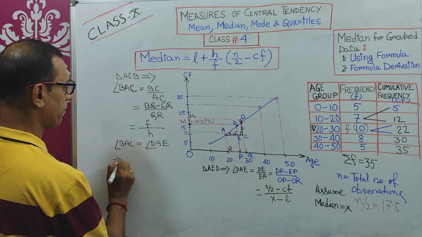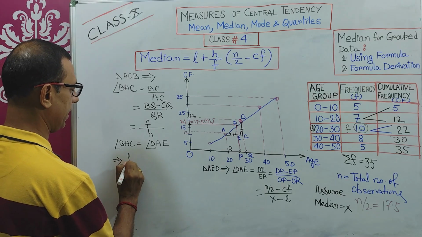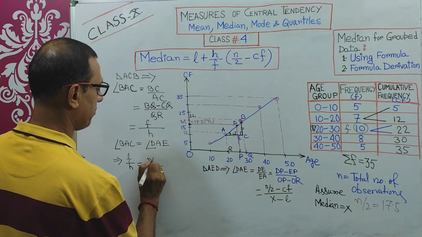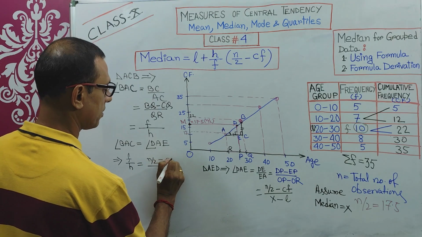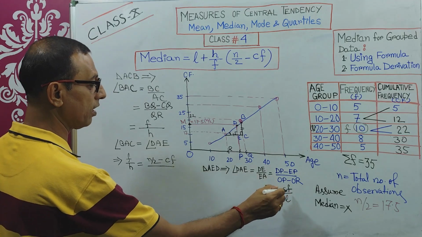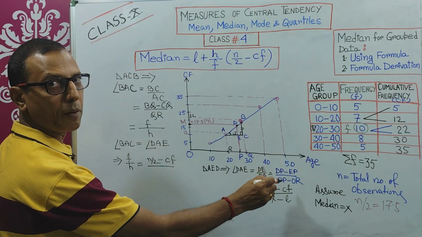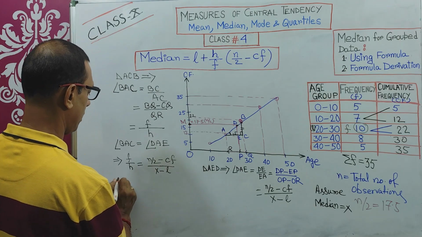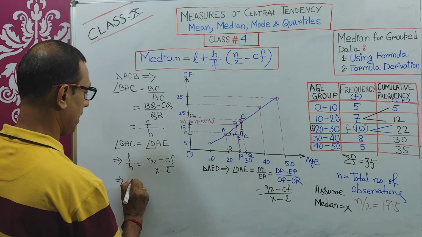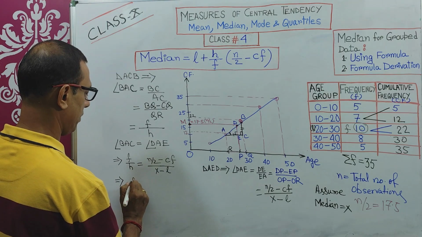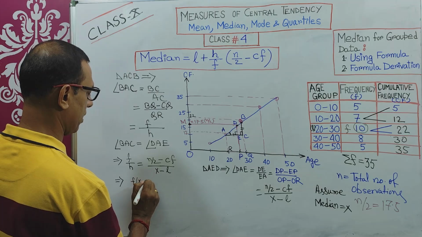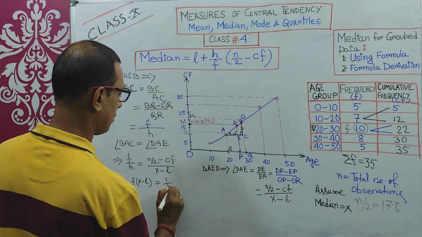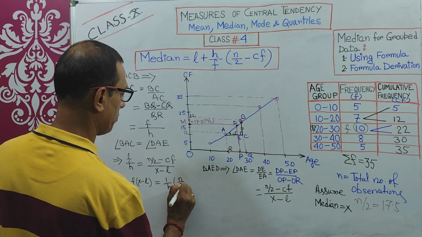That means angle BAC is F by H equals n by 2 minus CF. This CF is the cumulative frequency of the preceding median class, right? X minus L. Now what you need to do, F into X minus L equals 1 by H into n by 2 minus CF.